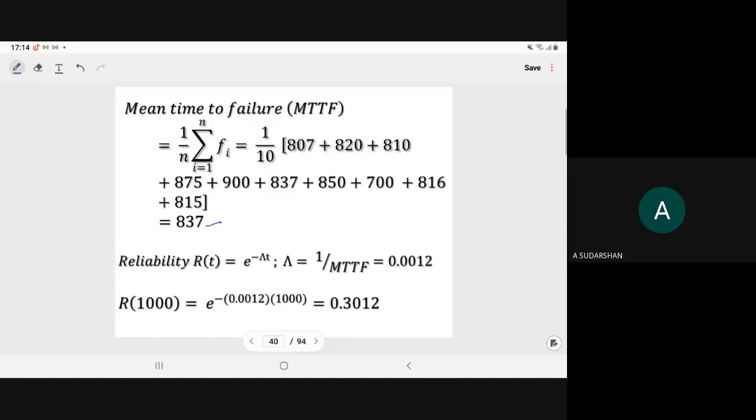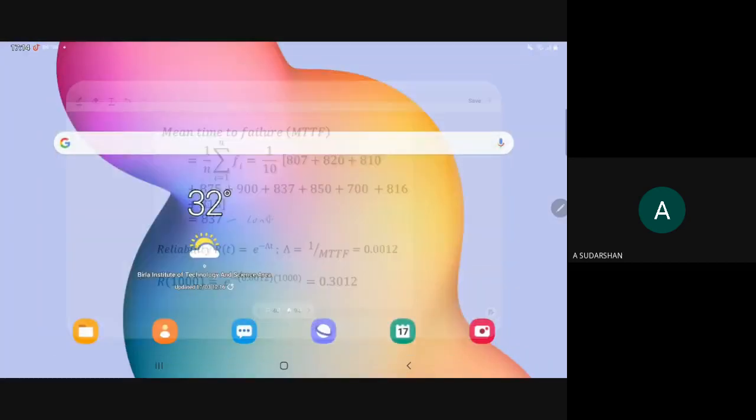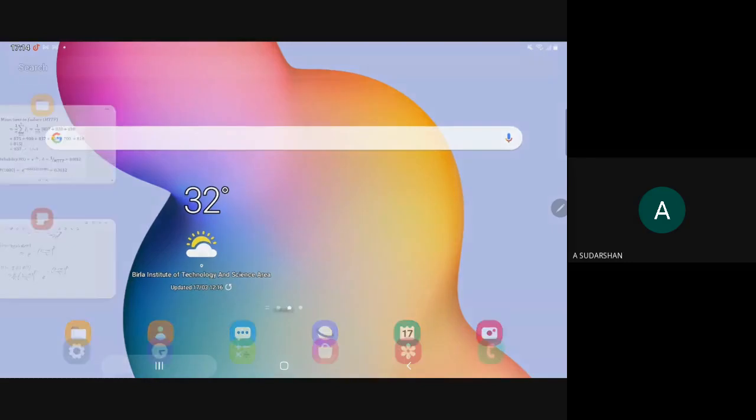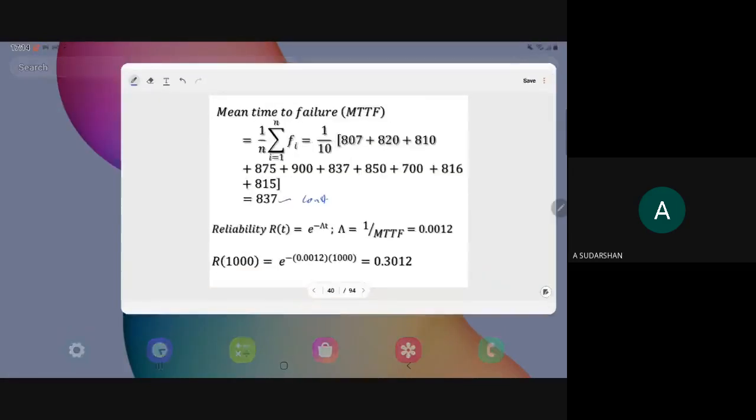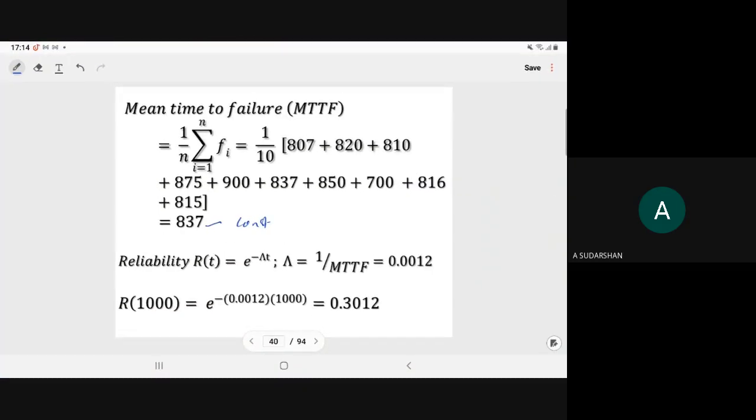So reliability. Here when we say mean time to failure, we are saying it is a constant, and we have seen that for the exponential distribution, MTTF is equal to 1 upon lambda, where lambda is also constant.